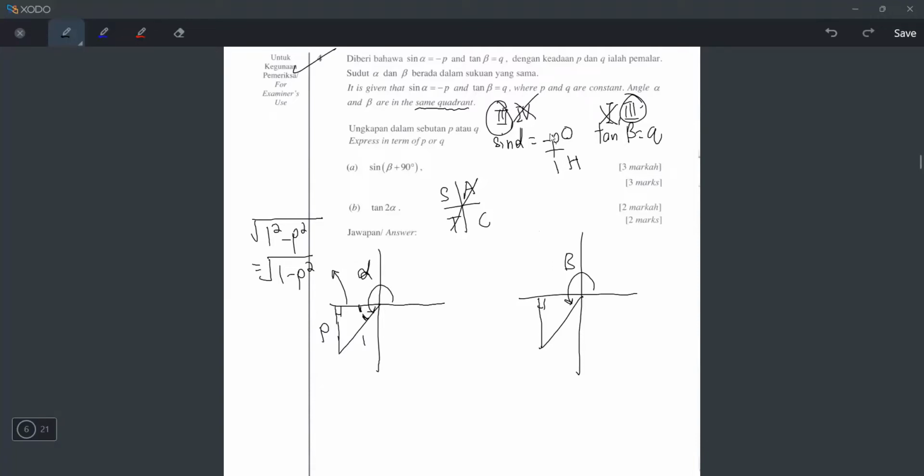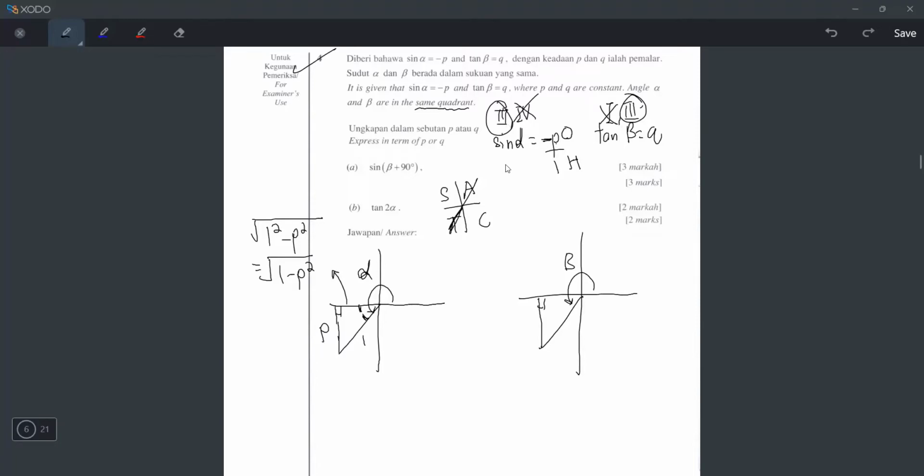One thing I want to mention is, ignore the negative sign. You will not write the negative sign here. There are teachers who teach to write the negative, but you don't have to write it, because the negative only indicates the quadrant. The negative is there because it's in quadrant 3, where only tangent is positive.